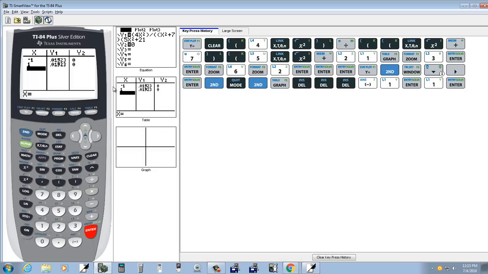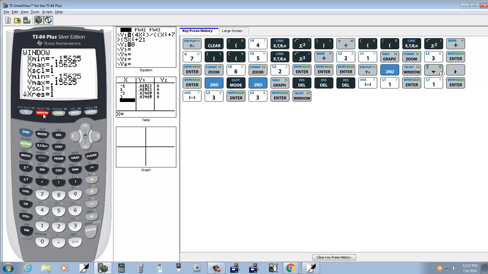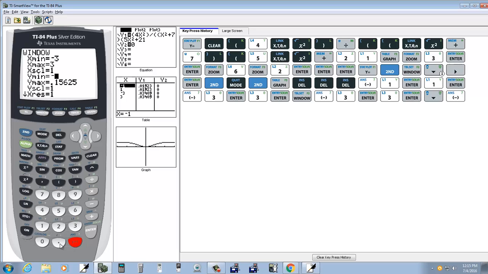Doesn't look like with this one we can actually see the graph. I don't know where it's exactly at. Could be it's so small because of these values. Let's try -3. See what we get. Yeah, it's super small. See how that's 0.03 now? Maybe if I set my window settings, I came here and I put in, I don't know, -3 to 3, and then change my Y-min to -0.9.